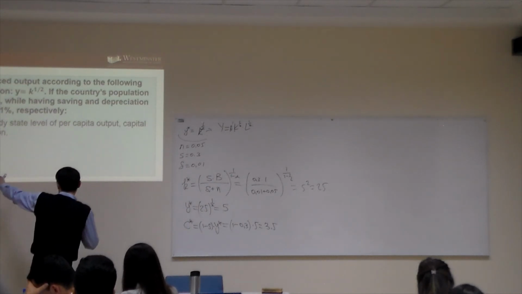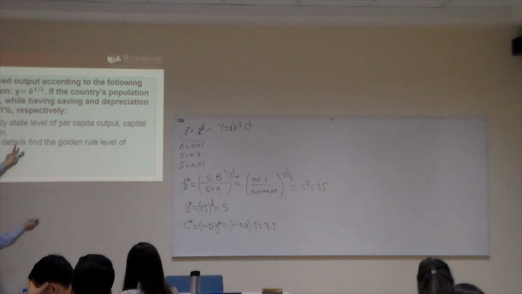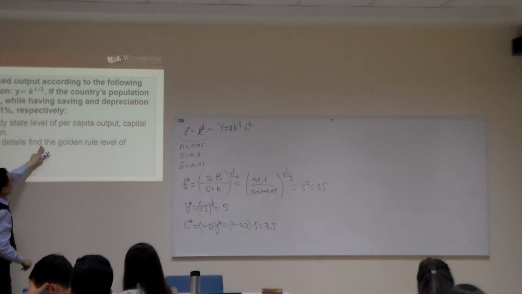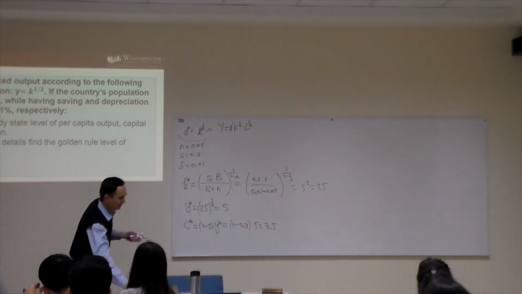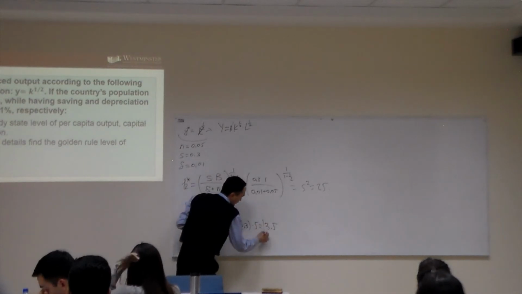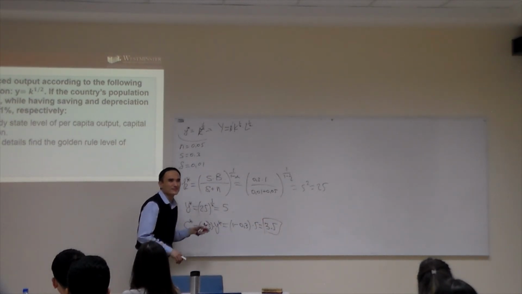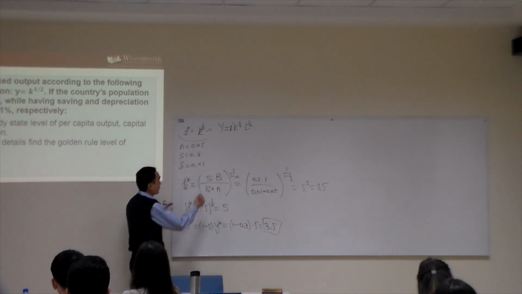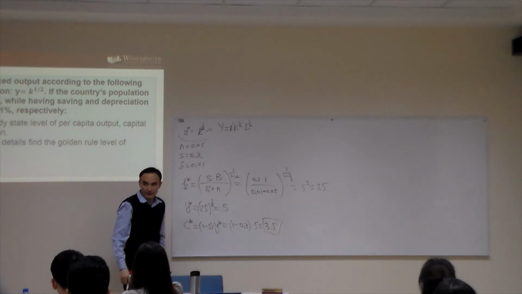This one is an important question, which we haven't practiced yet. Using the given details, find the golden rule level of consumption. Is the golden rule level of consumption 3.5? No. Why? Because our saving rate is not equal to alpha.